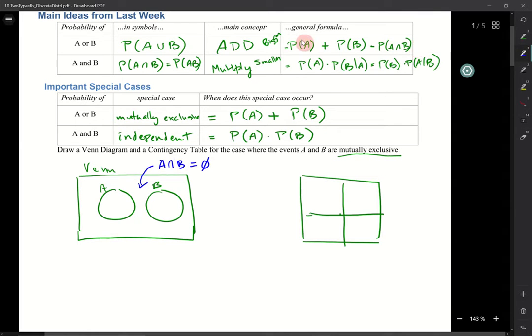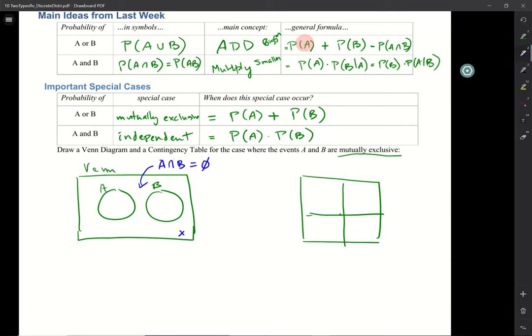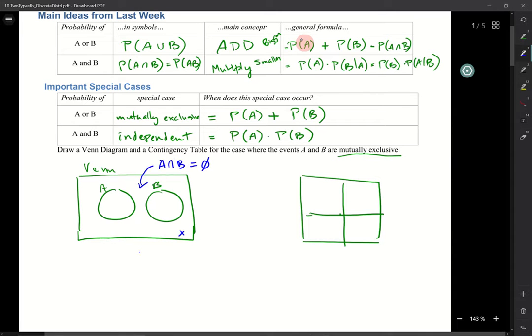Then we might have some amount over there, and this x could be 0 or could be other stuff. It doesn't matter if you do A on the vertical side or B on the vertical side.